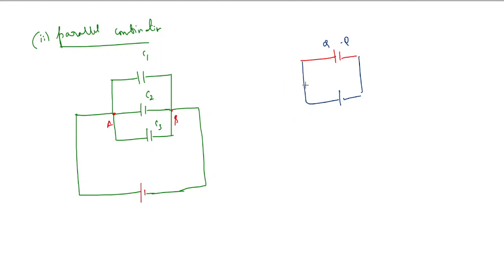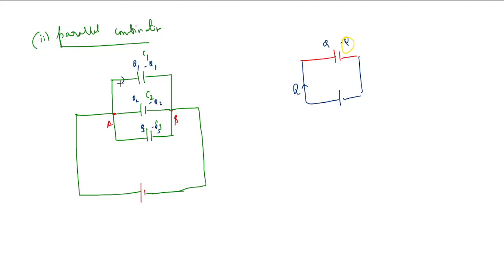So we say that the charge Q is flowing like this. That's what we say by convention, but practically the electrons are moving. If the charge on this plate is Q1, the charge here would be minus Q1. If the charge on this plate is plus Q2, it will be minus Q2. If the charge on this plate is Q3, it will be minus Q3.